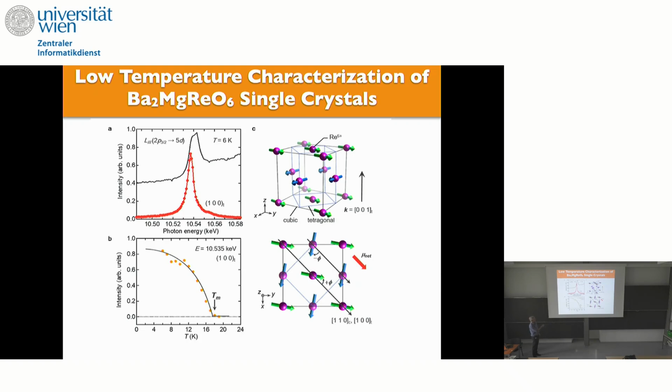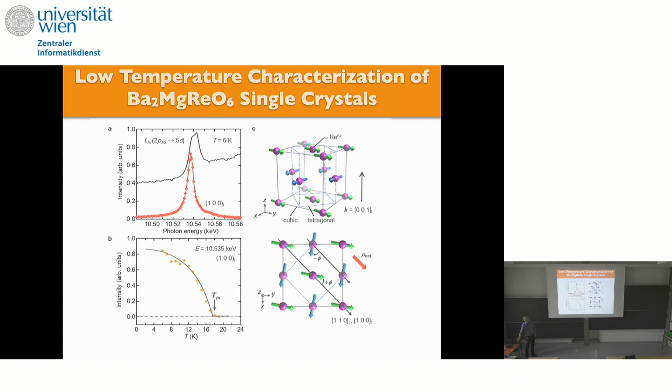They see the onset of what looks like a magnetic Bragg peak. In fact, they refined the data in terms of this very unusual structure where you have basically ferromagnetic planes of rhenium atoms which are almost orthogonal to each other, so the structure has a net ferromagnetic moment. But at any rate, it's an unusual magnetic structure for sure.